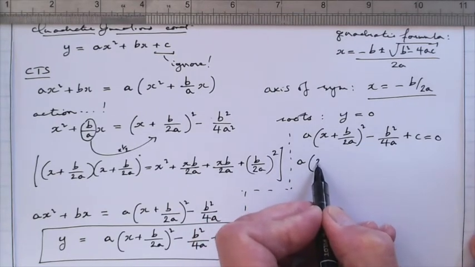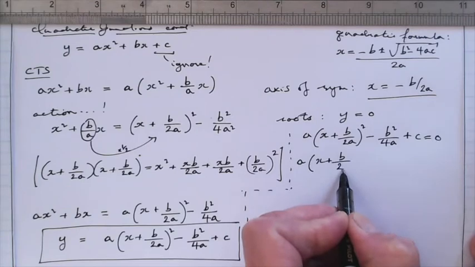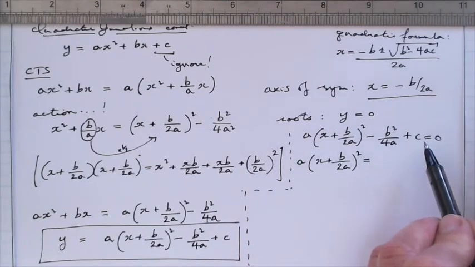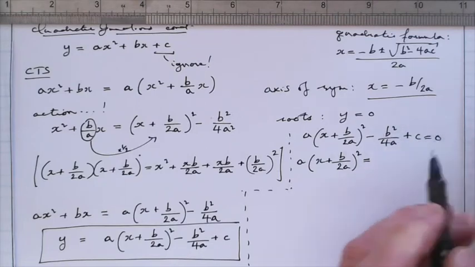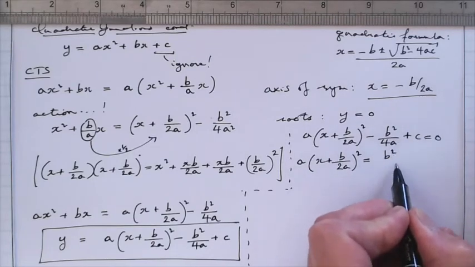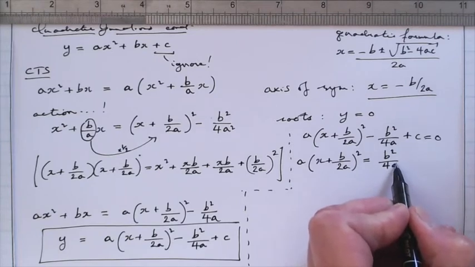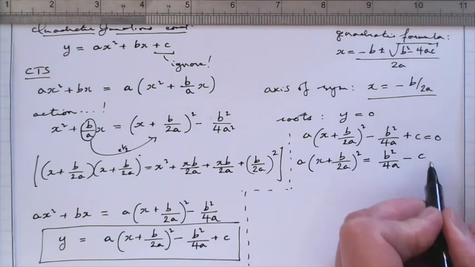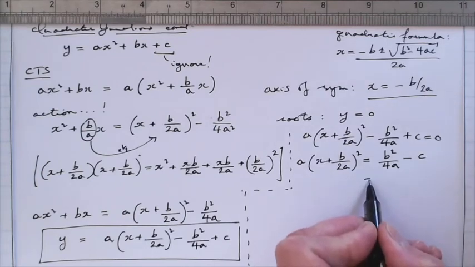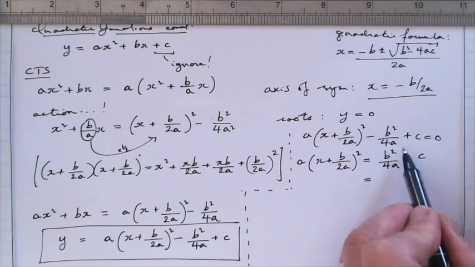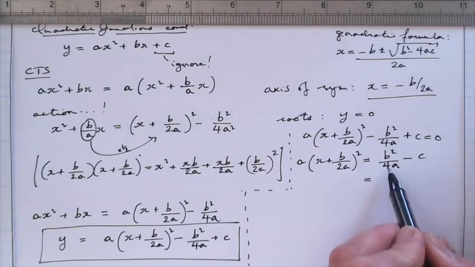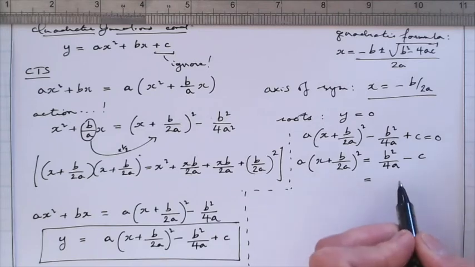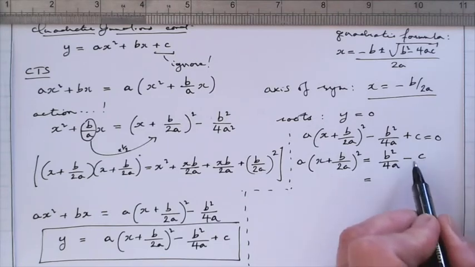So we have a into x plus b over 2a all squared equals, let me move this term over, b squared over 4a, and move this term over, minus c. And what I would like to do is express this as one fraction. So I'm going to multiply this upstairs and take everything over 4a. It's a bit like subtracting fractions.